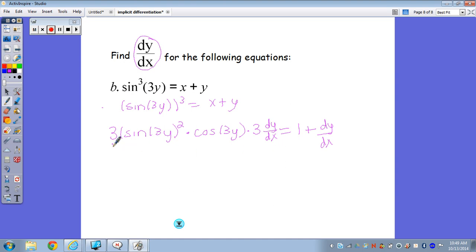So I'm going to just kind of multiply my like terms here. So I get 3 times 3, which is 9, and then I'm going to rewrite it as sine squared of 3y cosine of 3y dy/dx. And then I'm going to subtract this dy/dx to the other side to get it on the same side as equal to 1. Step 3 again then is to factor out dy/dx, so I'm going to factor that out.